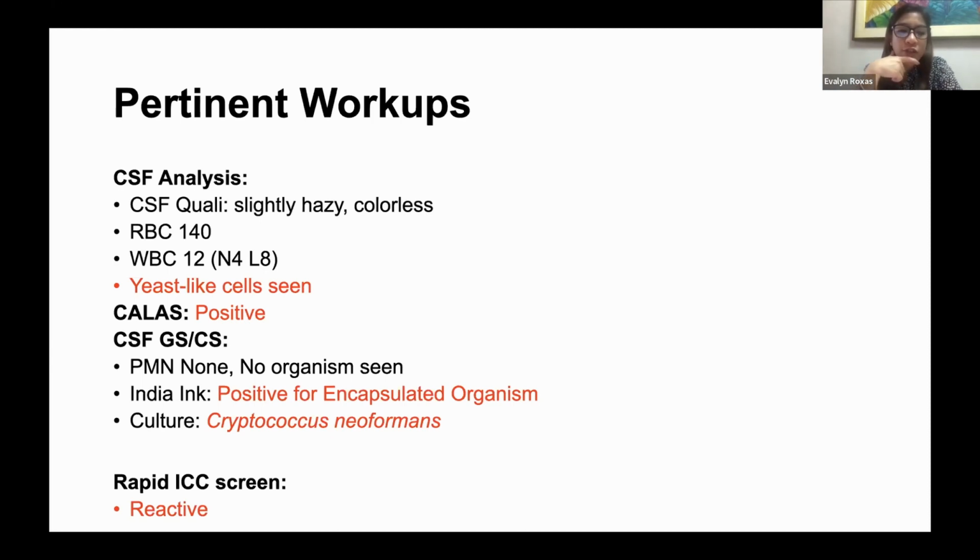And the CSF Gram stain and an India ink was requested, which showed positive for encapsulated organism, and eventually a culture result of the CSF revealed growth of Cryptococcus neoformans. On repeat HIV screening, during this time, it turned out to be reactive already.